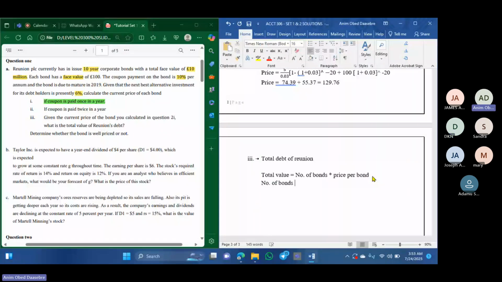To find the number of bonds, it is the total face value divided by the face value of each bond. The total value, 10 million, over each bond's face value gives us the total number of bonds.